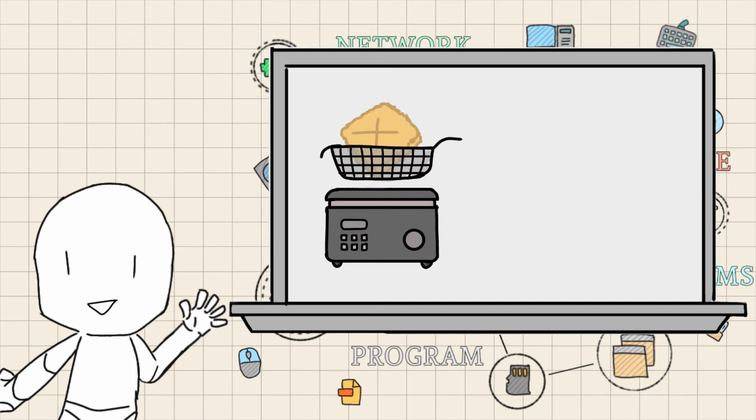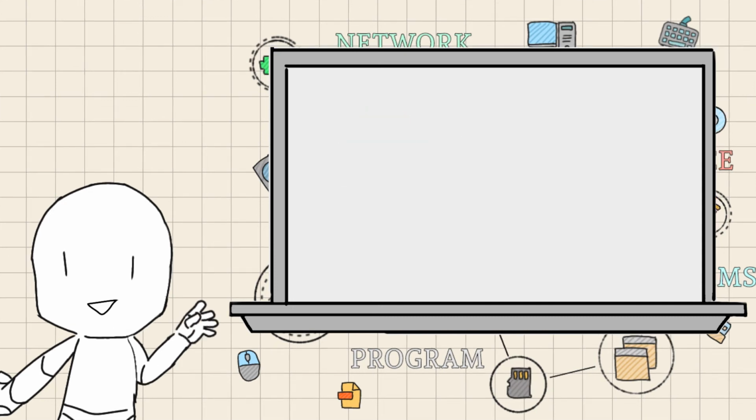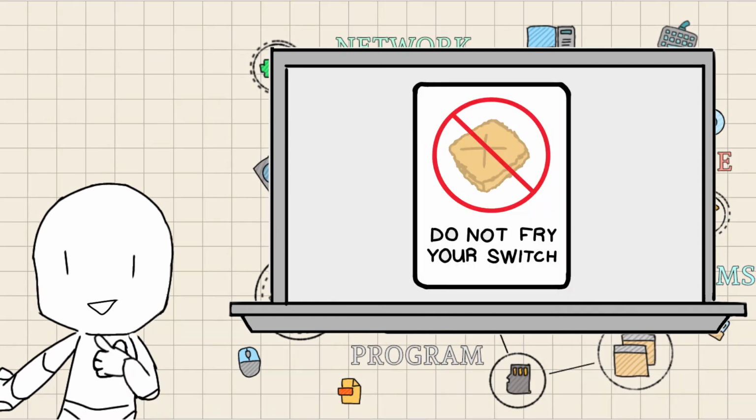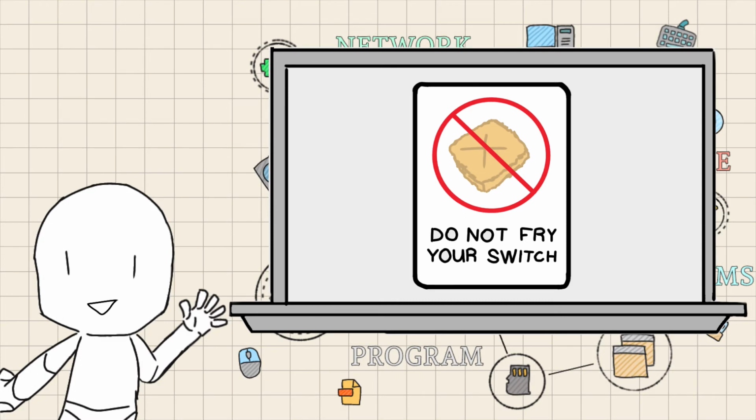So once you put STP on these two switches that Jimmy and Jim are connected to, their switches won't fry, and they could be sending endless messages to each other without the loops.